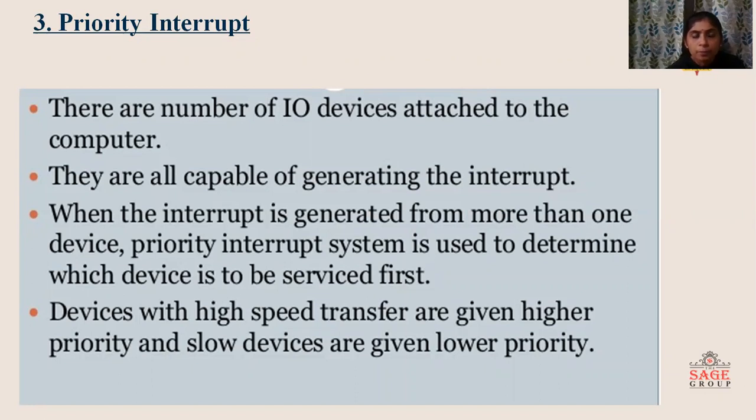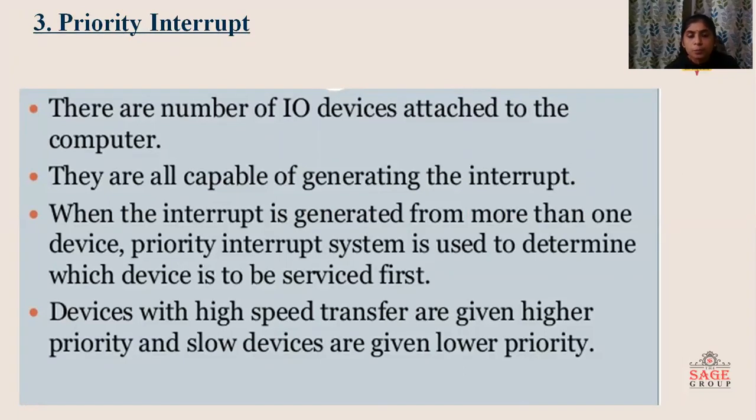Priority interrupt. There are a number of input-output devices attached to the computer. They are all capable of generating an interrupt. When an interrupt is generated from more than one device, a priority system is used to determine which device is to be serviced first.